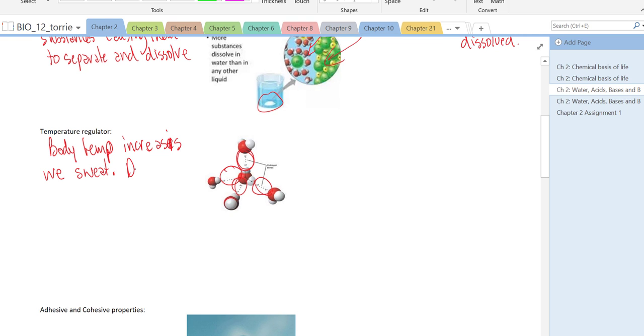Okay, so due to polarity and hydrogen bonding, water has a high heat of evaporation.